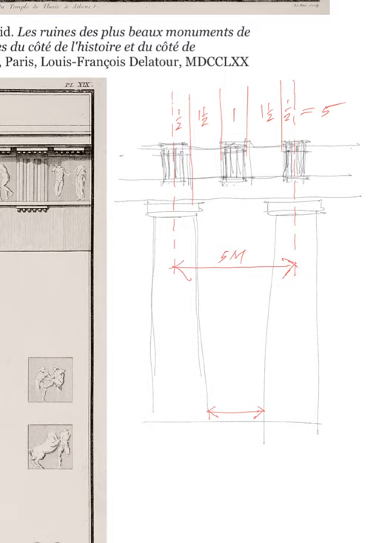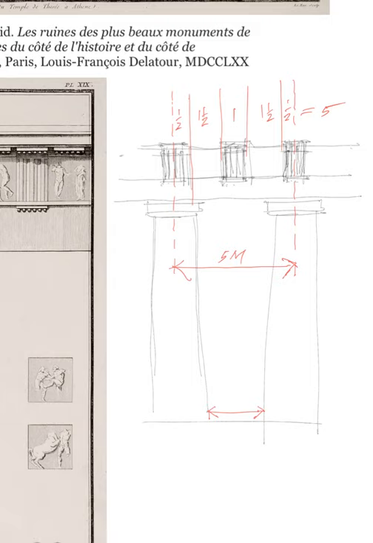So we now have our crepidoma set out. We know how many columns we have on either side. We know what the module is, and we can now start spacing those columns on the stylobate. What we can also determine is the length of the frieze, because we know that there are 13 columns if we're talking of the long side.